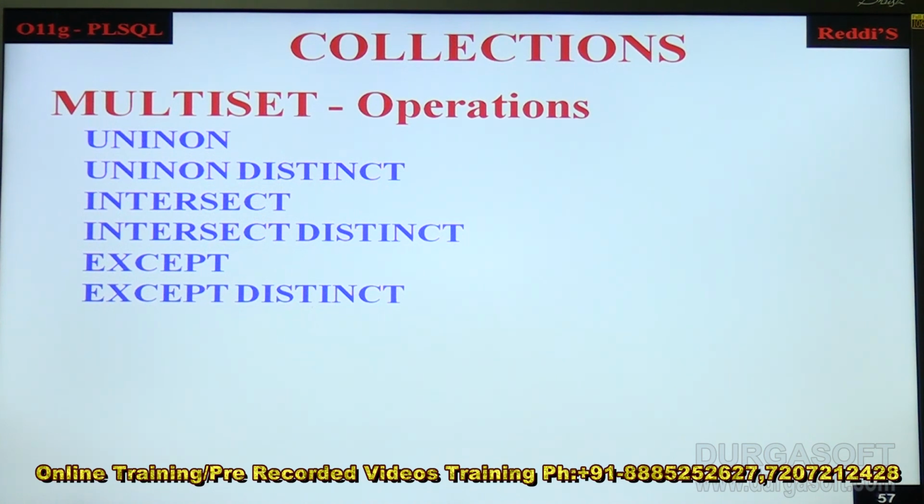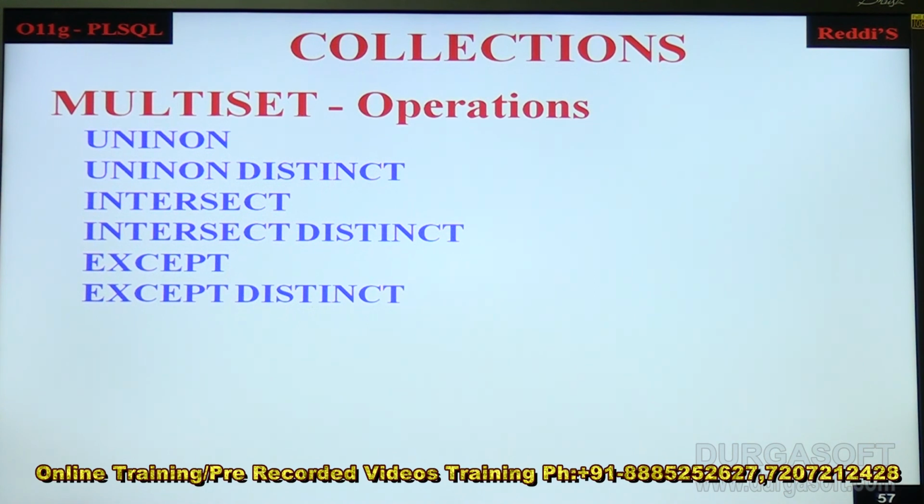All these multi-set operations can be performed on collections. We can combine the elements of 2 collections or more. Not only 2, we can also combine the elements of 3 collections or 10 collections using multi-set operations.